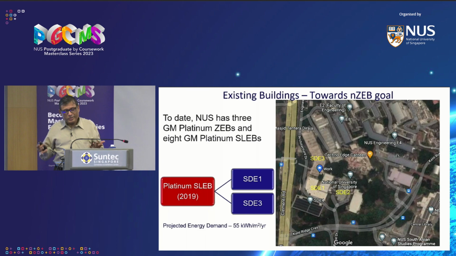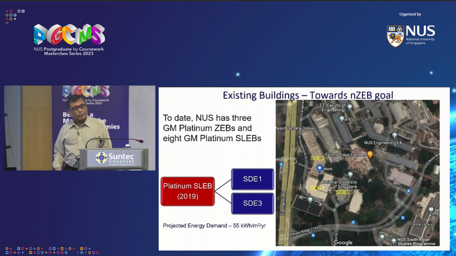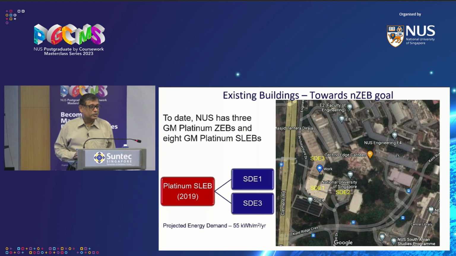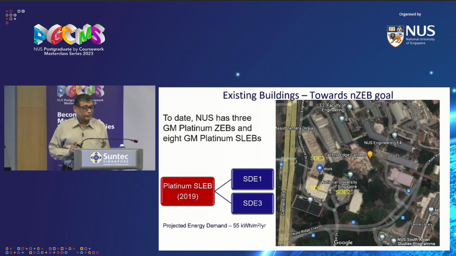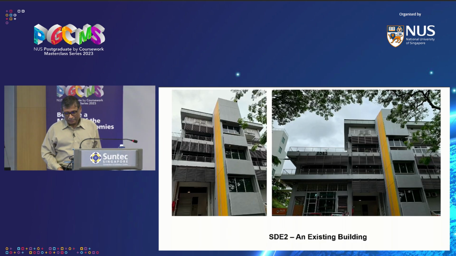What can you do in existing buildings? And today, I can say this again, SDE1, the building shown as SDE1, is a zero energy building. A 45-year-old building can now be operated as a zero energy building. So it is possible to convert an existing building into a zero energy building. That's what it is over here.